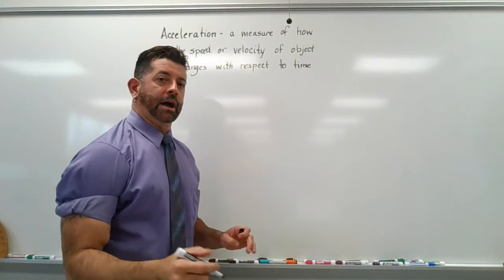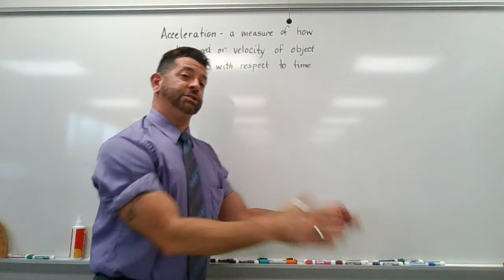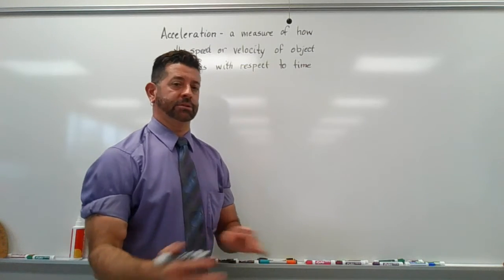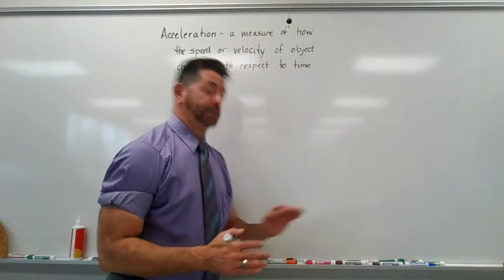So we're looking at the rate at which rate changes. Because remember, speed and velocity are just rates. So now we're just looking at the rate at which rate changes.